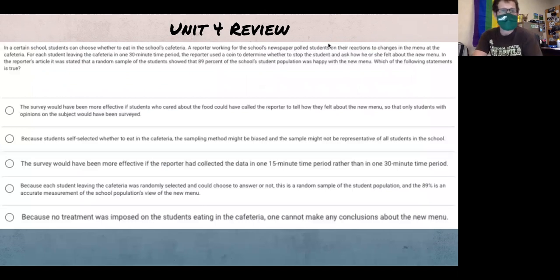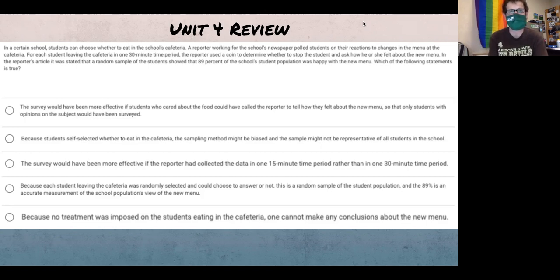All right, here is another question related to statistics. After looking at this, the problem with this sample design is that this school newspaper reporter is talking with students who are leaving the cafeteria, and it says in the very first sentence that students can choose whether to eat in the school's cafeteria. So there are a lot of students who are not choosing to eat there.